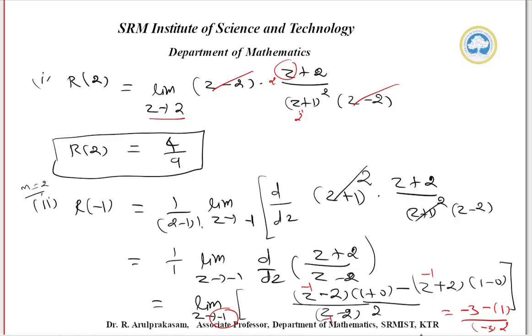Therefore the residue at minus 1 is minus 3 minus 1, which is minus 4, divided by minus 3 whole square, which is 9. This is the residue at minus 1: minus 4 by 9.